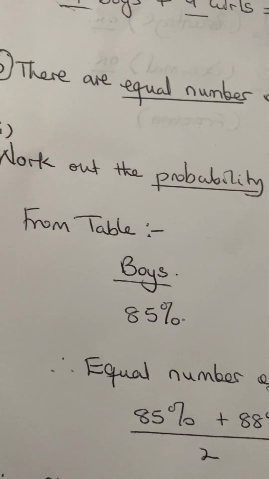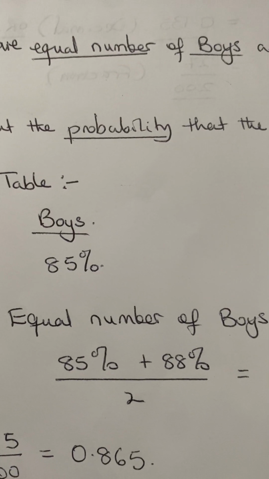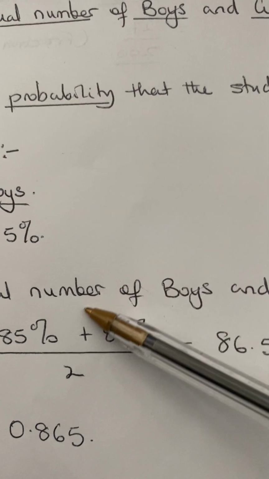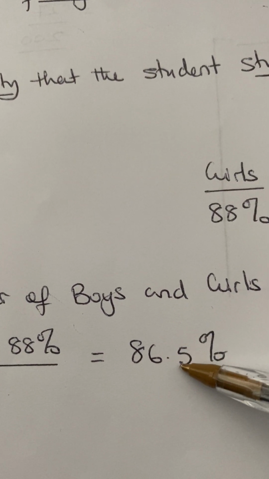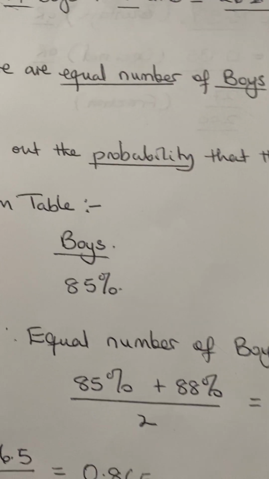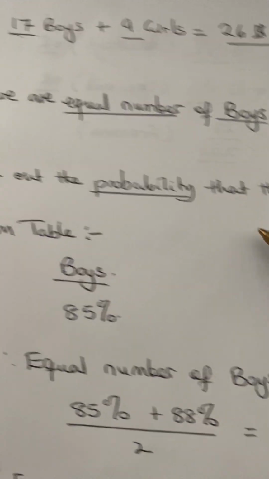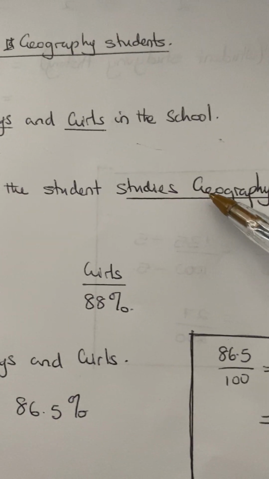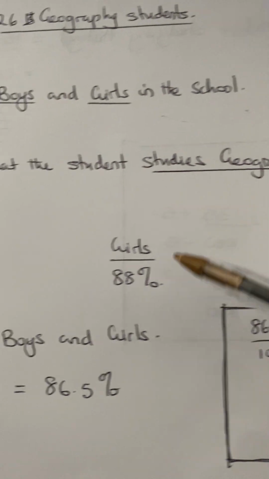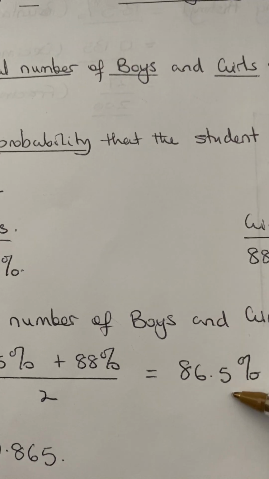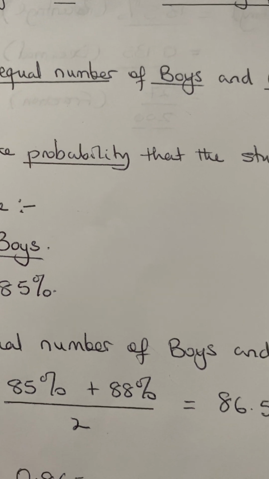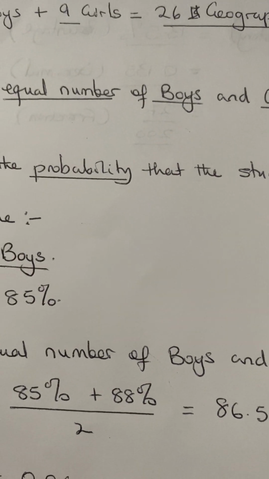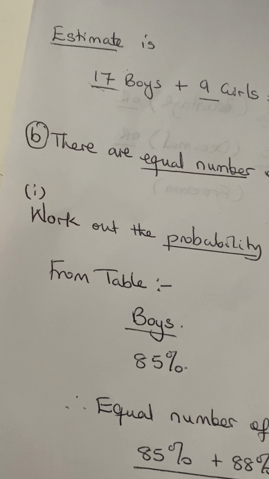So basically I don't have anything else to do here. If I do that on the calculator, it will be 86.5%. So the probability that students study geography will be 86.5%, because there are equal numbers. And I have the figures there.